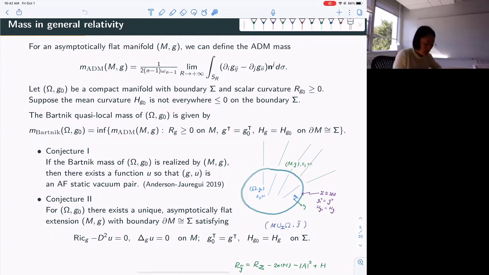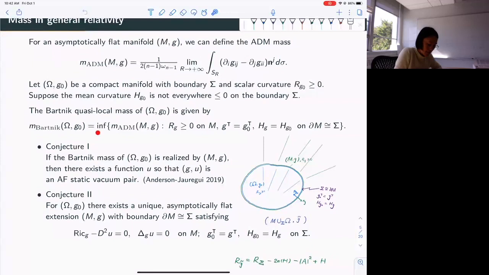The Bartnik mass of (Ω, g₀) is the infimum of the ADM mass of all the possible extensions of (Ω, g₀). This extension (M, g) should be such that, firstly, g should be asymptotically flat. Secondly, it satisfies the dominant energy condition. And lastly, the boundary of the extension M can be identified with the boundary of Ω.